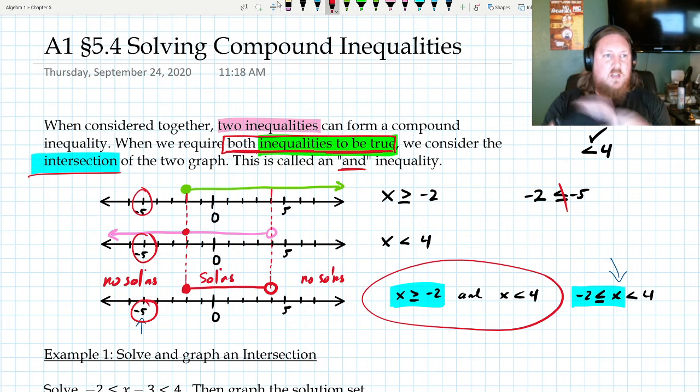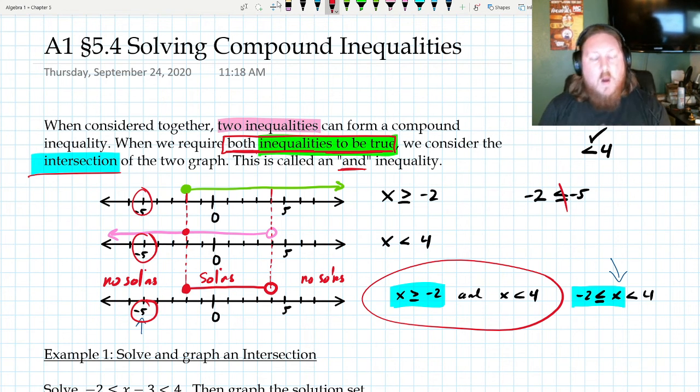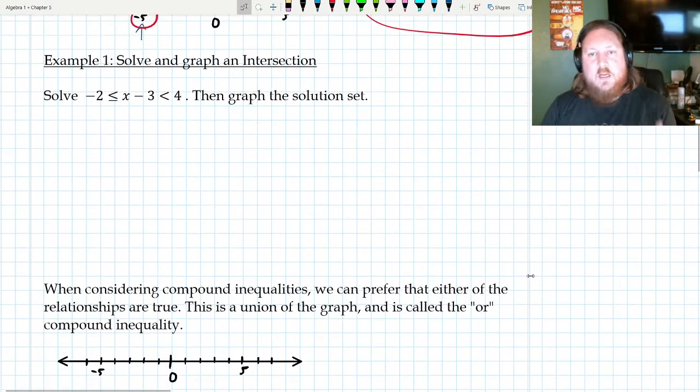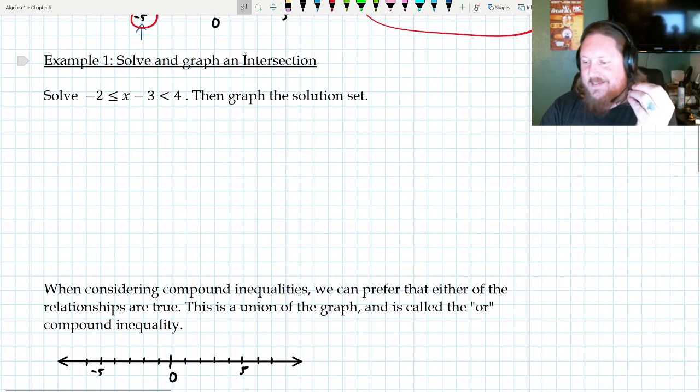Now, most of the time you don't have to do this kind of crazy graphing right here. This is just trying to build the idea of where this compound inequality comes from. Most of the time what you do is you are given a compound inequality. This one here, it even tells us that it is an intersection.